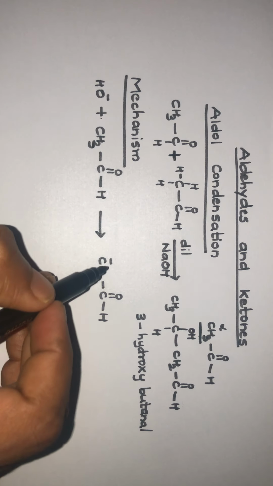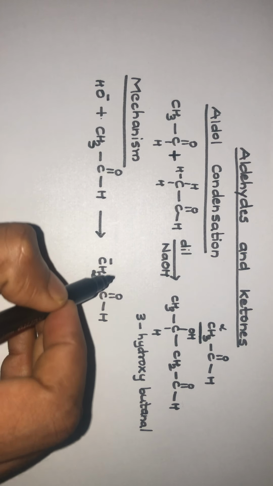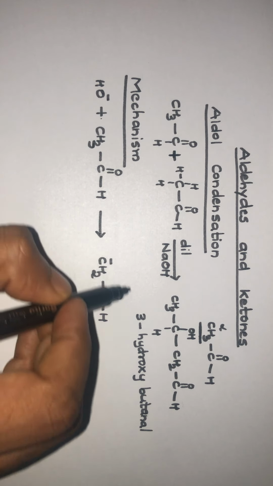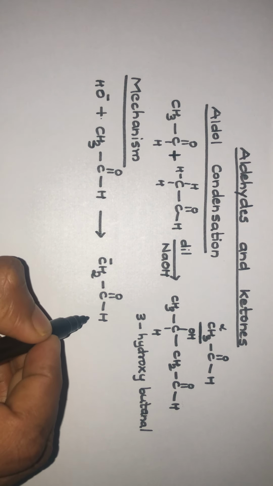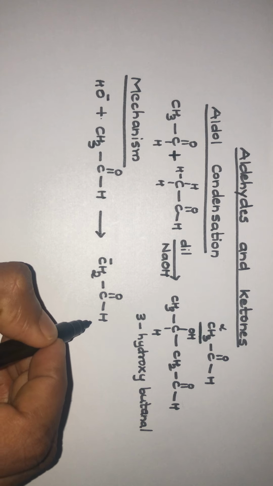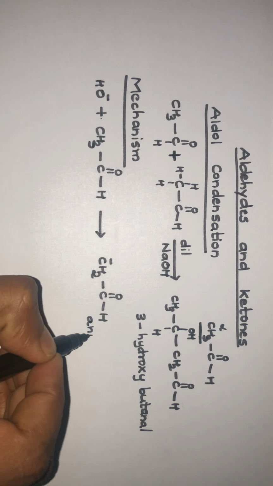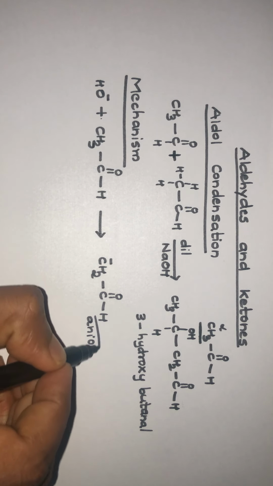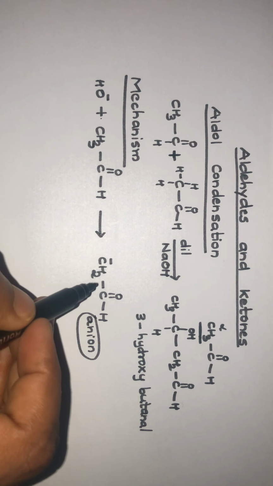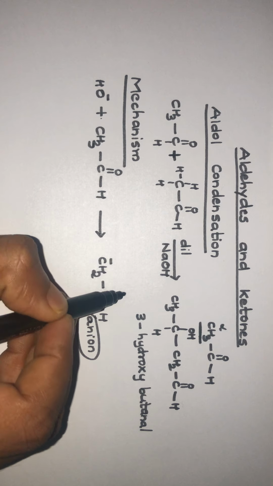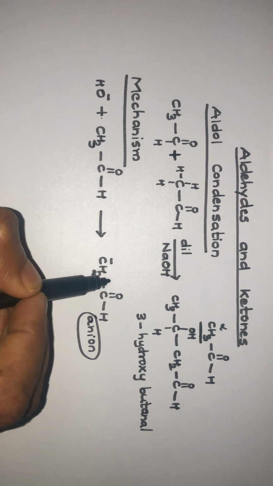So this will be in its enolate form also, that means there will be resonance. It results in the formation of this anion. So this will be in resonance, and the enolate form will be there.